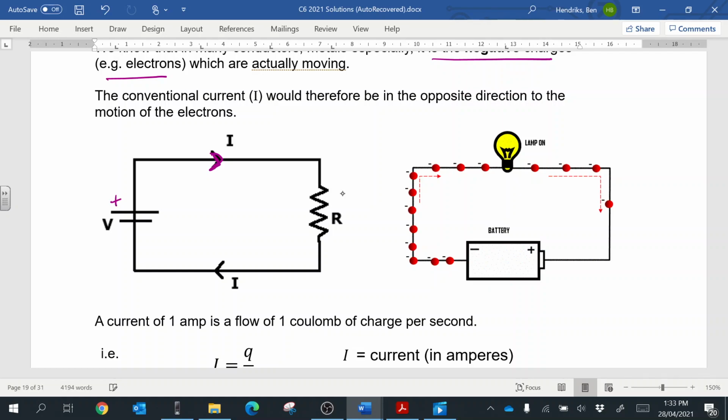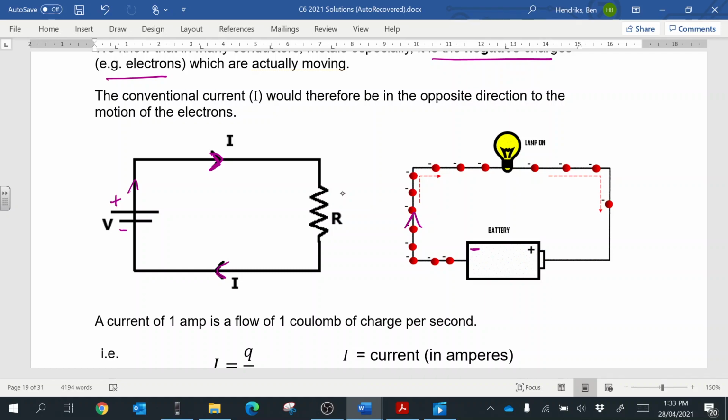So this is our positive and this is our negative plate. The current is moving in this direction, but in reality, the electrons move from our negative to our positive plate, the opposite direction.